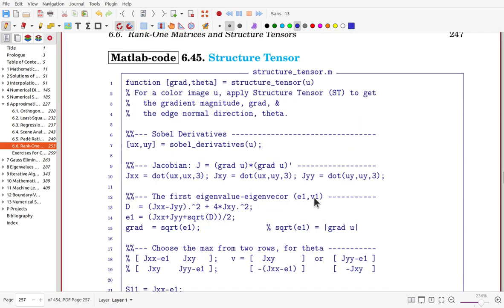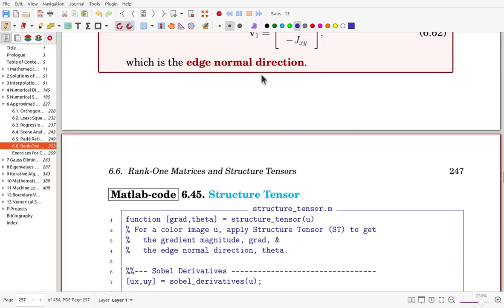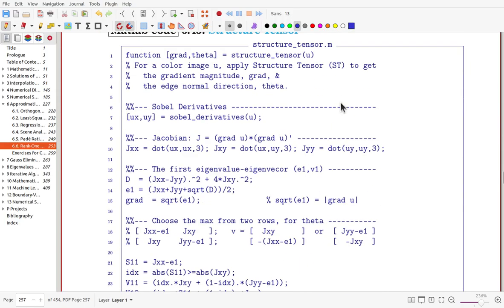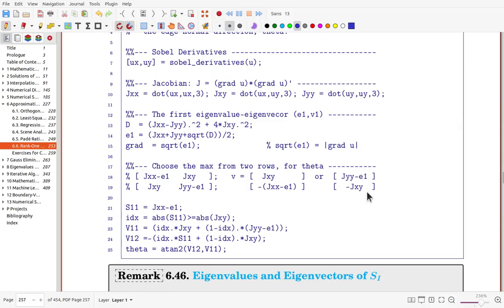The structure tensor can be implemented in this way. For a given color image, we want the gradient magnitude, and theta, the angle of that normal vector, the normal direction. First, by using the Sobel derivative, we can get ux and uy, the x-directional derivative and the y-directional derivative.